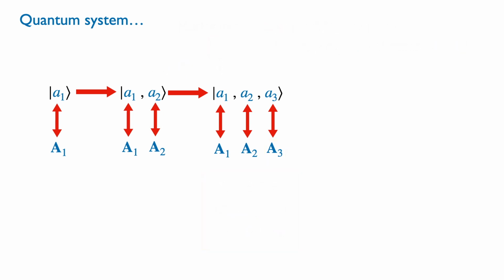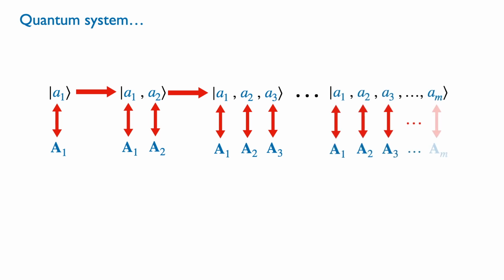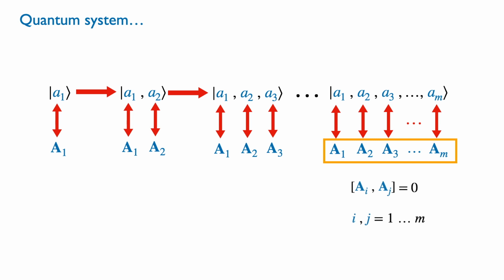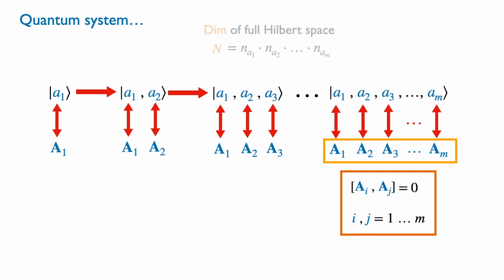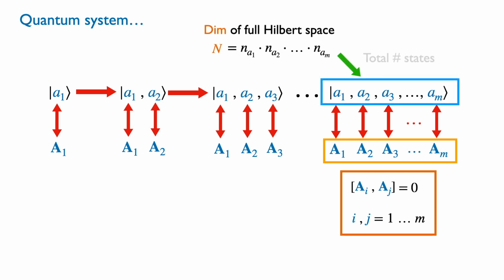We could carry on with this program and keep on adding new commuting variables until finally we reach a set of eigenvalues that is non-degenerate and could uniquely specify a state without needing any further information. At this point, the dimension of the full Hilbert space would then be equal to the total number of states labeled by these eigenvalues.